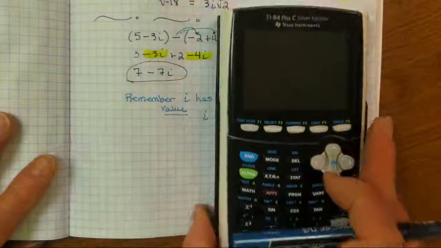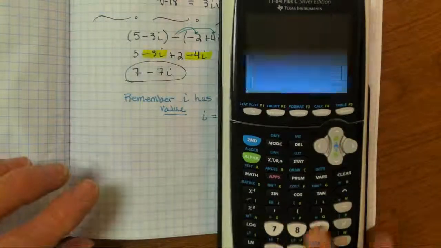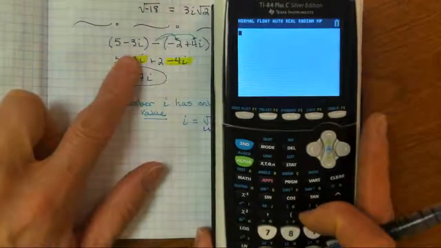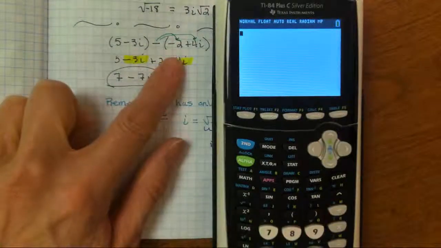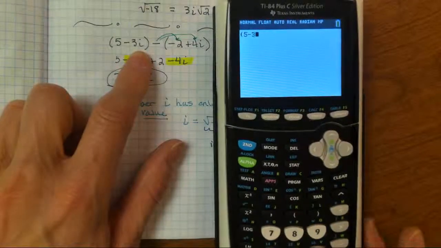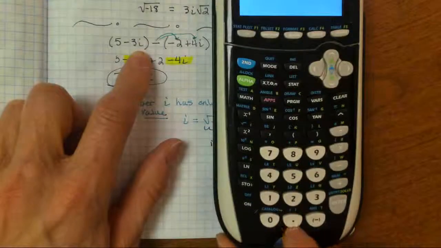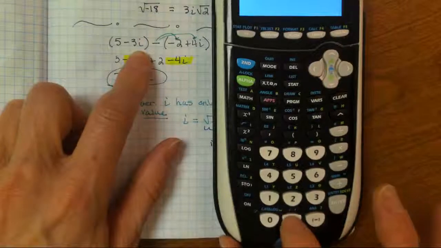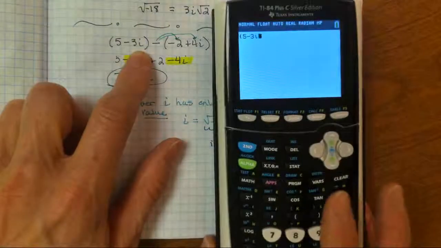So let's go ahead and play around. Let's turn this on. Let's go to our regular screen. Let's put in this number exactly how we see it. So we're going to do parentheses 5 minus 3. Now where's i? i is right here above that period. So I'm going to go second, the decimal. I get i.